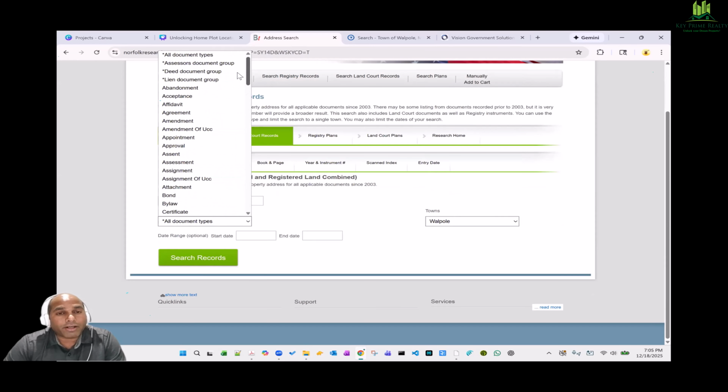These are all various types of documents that get recorded. And believe it or not, sometimes there are restrictions on the property. Even if the zoning and the town say you can build a multifamily on this piece of land, if the original grantor of the deed put a restrictive covenant on that land, you cannot do that. So this is very important.